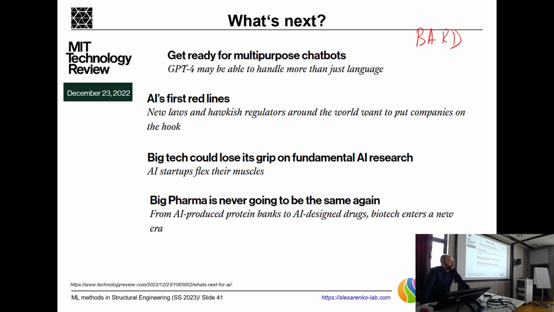There are multiple open access language models that you can download. They are maybe not as powerful as ChatGPT, but very close. And big pharma is never going to be the same again. Right now, there is a big revolution in pharma with AI, with the discovery of new drugs based on AI methods. So it's a really hot topic there.